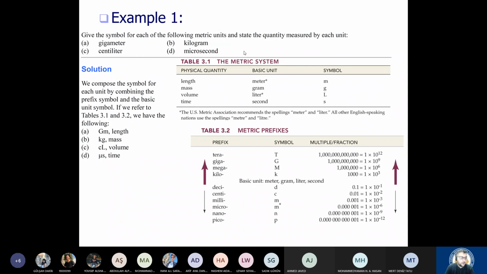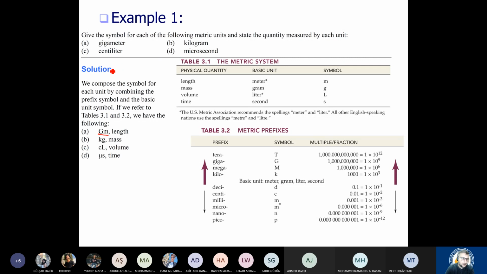First of all, give the symbol for each of the following metric units and state the quantity measured by each unit. Gigameter. What is a gigameter? You can show it by Gm. Giga is the prefix, but meter is for length, so this is the unit of length. Similarly, kilogram.